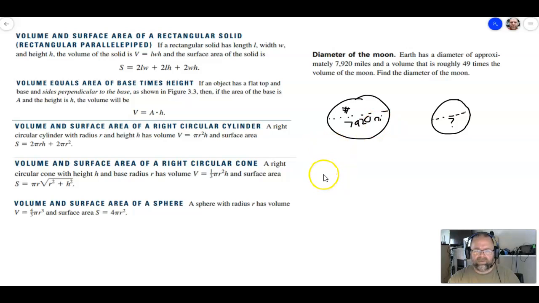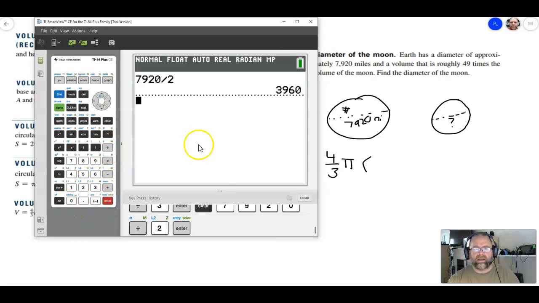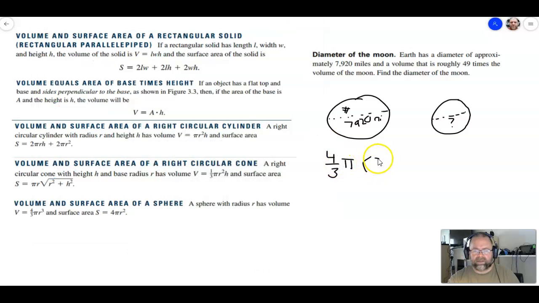The volume of the Earth is going to be 4/3 times pi, using this formula, times the radius. The radius is going to be half of that diameter, so 7,920 divided by 2, and I get 3,960.